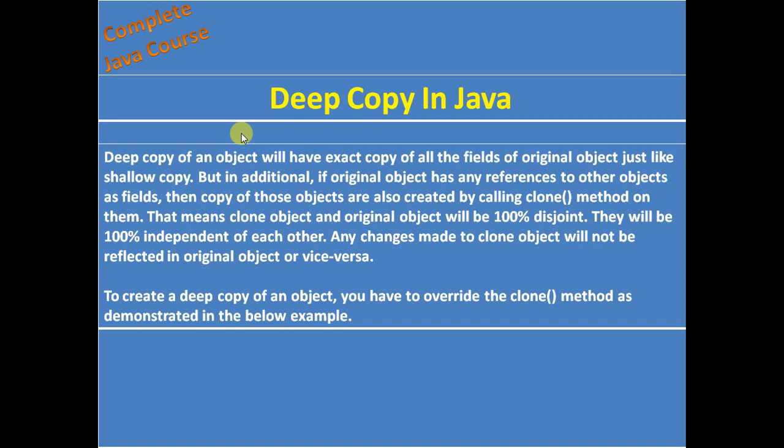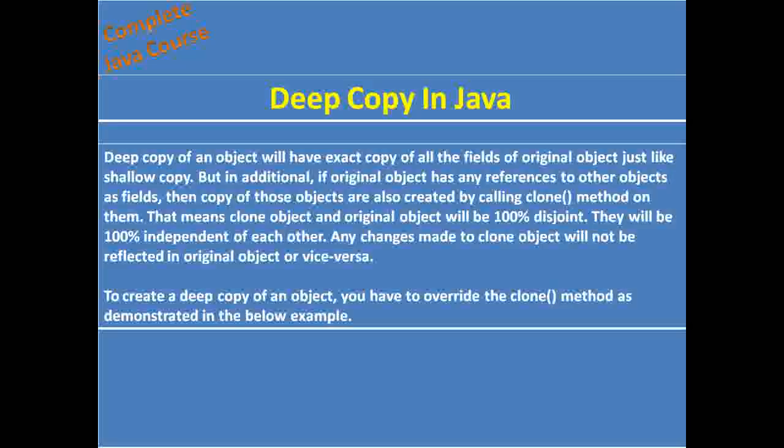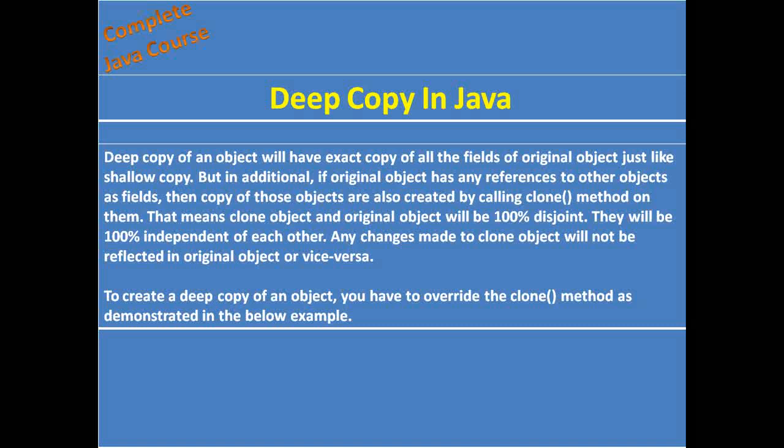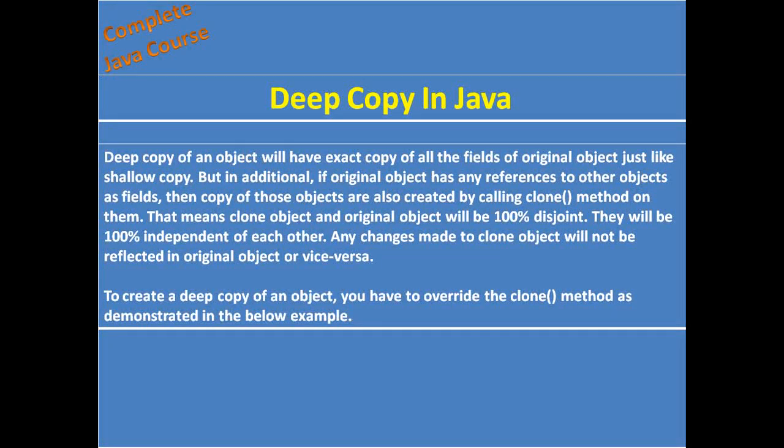Deep copy of an object will have an exact copy of all the fields of the original object, just like shallow copy. But in addition, if the original object has any reference to other objects as fields, then copies of those objects are also created by calling the clone method on them.